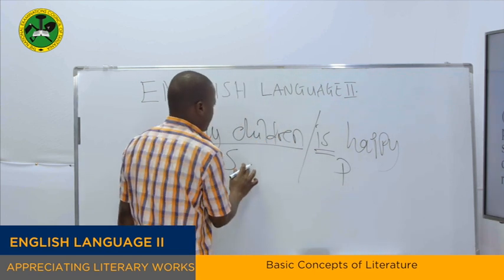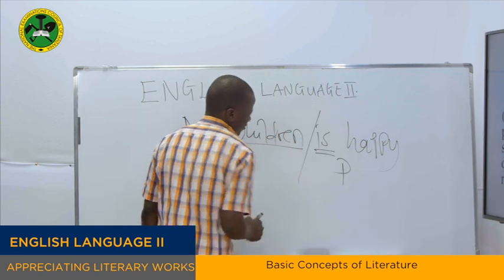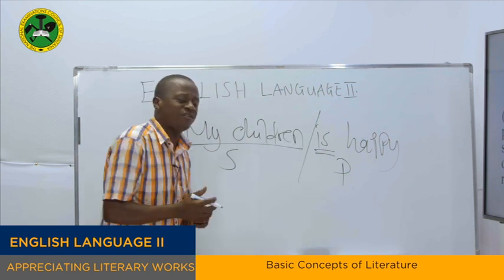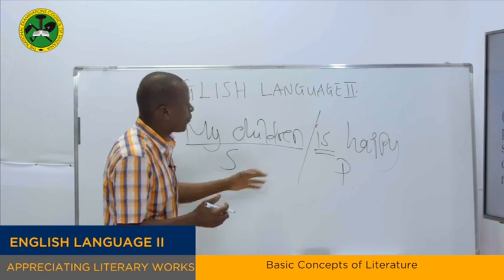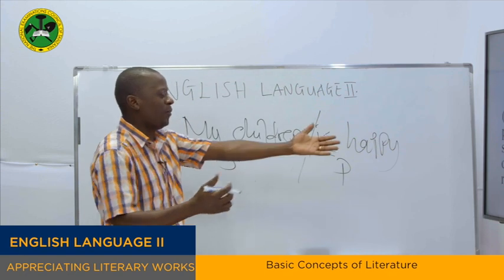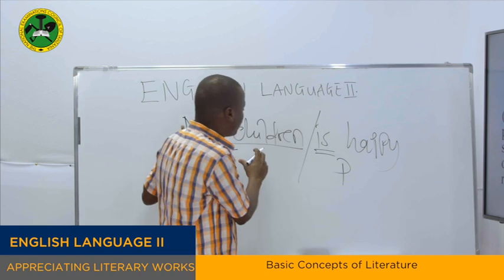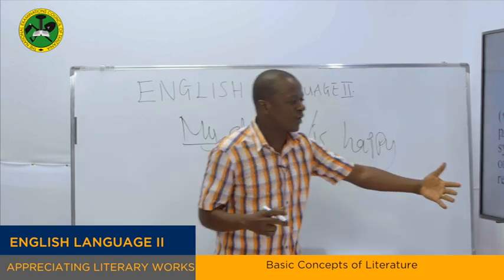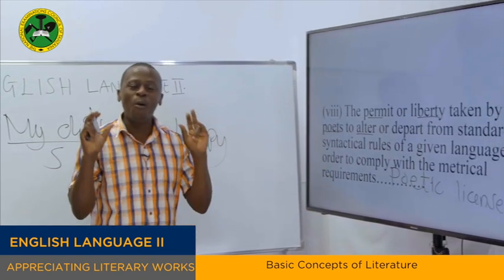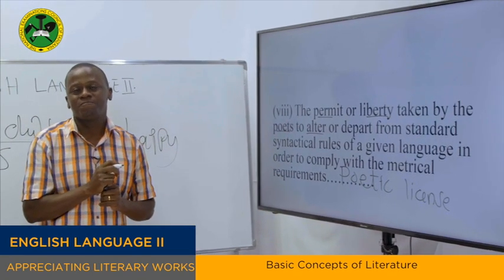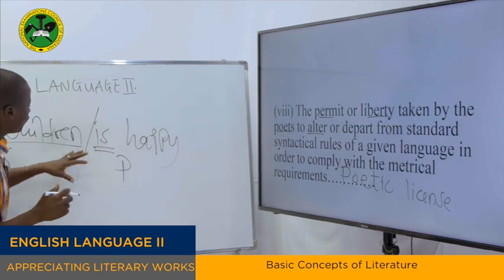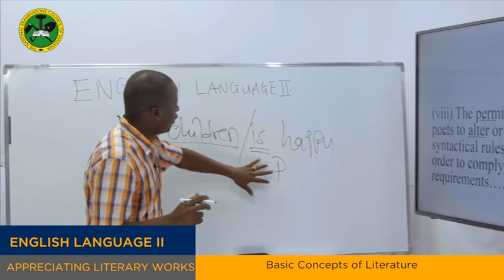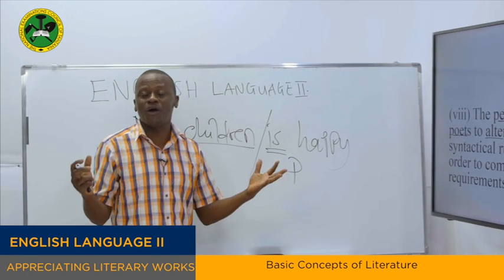My children is happy. Now, by lacking such a concordial agreement between a subject and a predicate, that poet is free, is okay. He or she wants to achieve the so-called metrical requirements or poetic effects. Maybe he or she wants to achieve the so-called rhythm. Maybe he or she wants to achieve the so-called rhyme, etc.